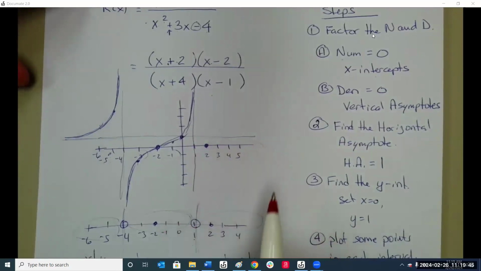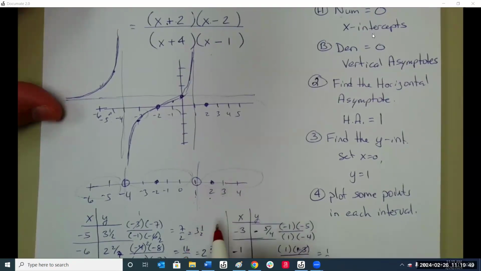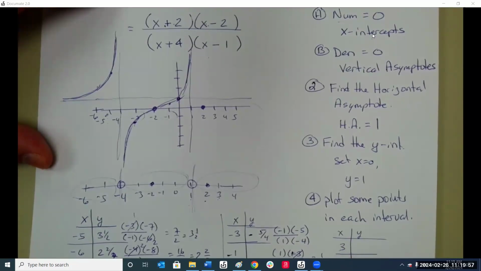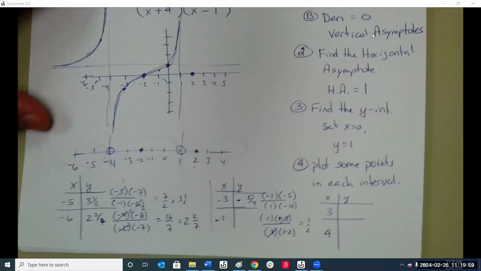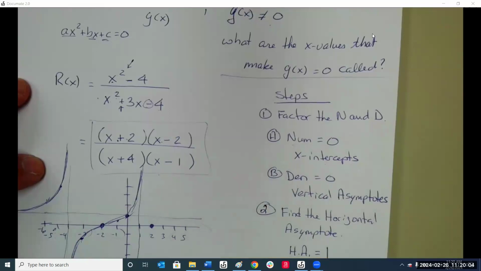And the last segment we have from 2, 3, and 4. We have at 2, it's 0. So we'll look at 3 and 4. Again, I'm using the factored form to plot my points.